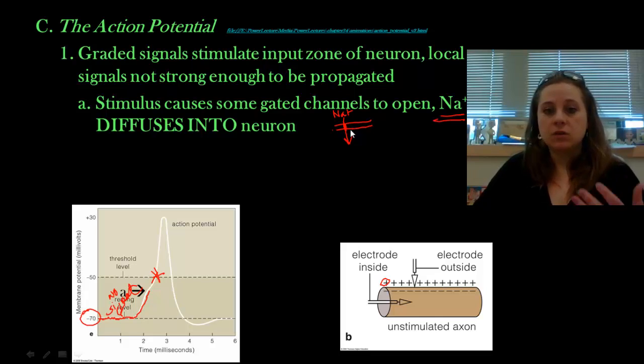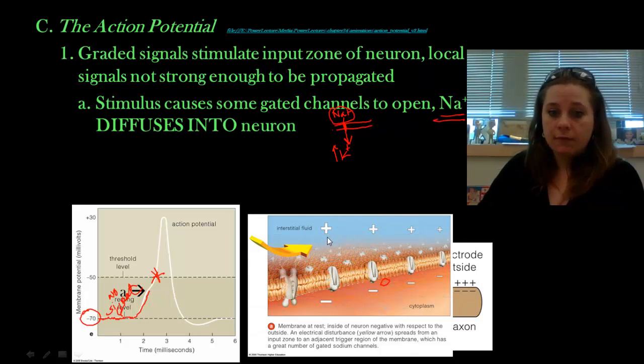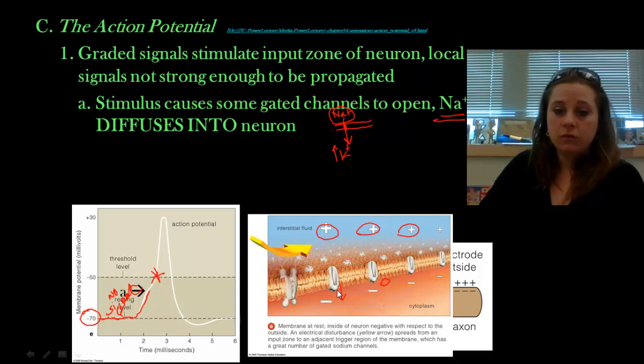Obviously, this is going to shift the potential, because all these pluses are going inside, and I'm decreasing that concentration difference, because right in here I've got all kinds of potassium. Here are all of those pluses. These are just representative of a region of more positive than inside the cell. So when the signal's going up, gated channels are opening, so boom, in comes sodium.